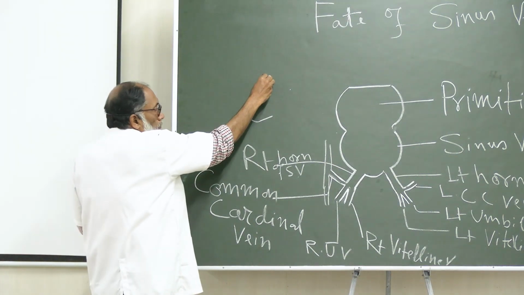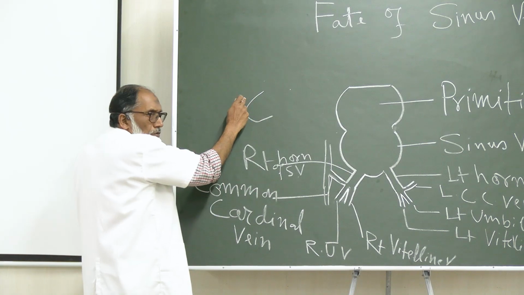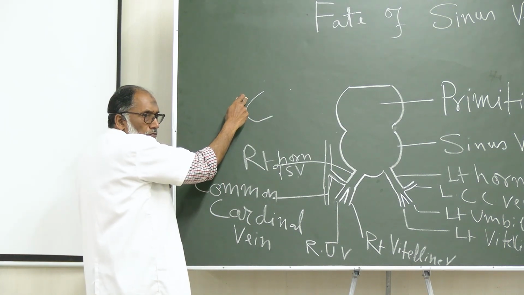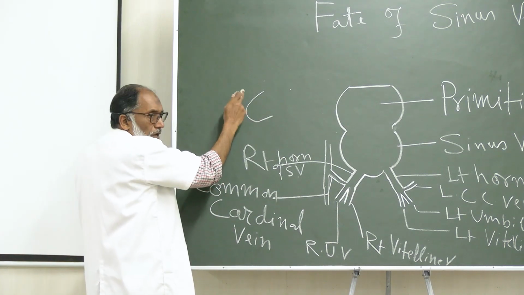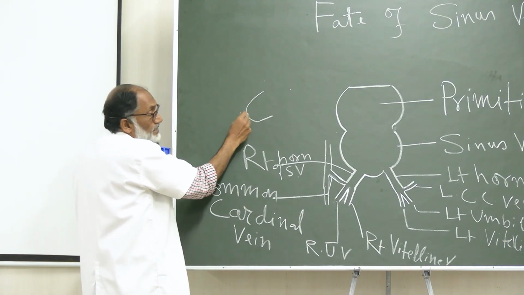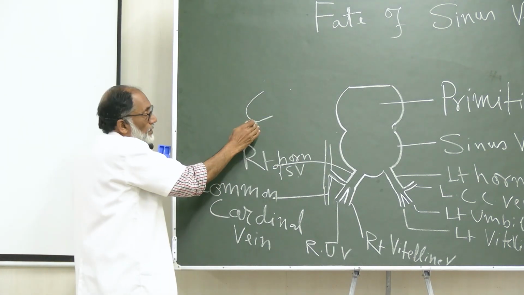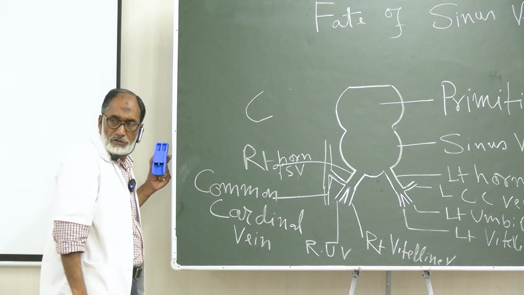This is the cranial portion, this is the caudal. That means here lies the bulbus cordis, and this is the ventricle. The ventricle lies at the apex of this loop, and at this end lie the atrium and sinus venosus.